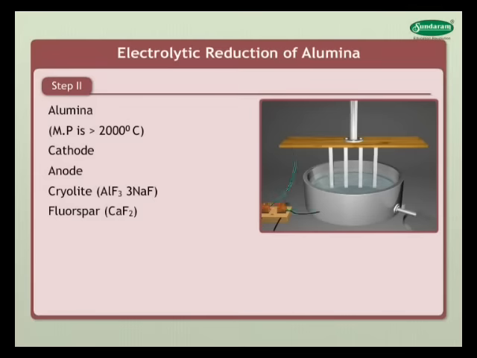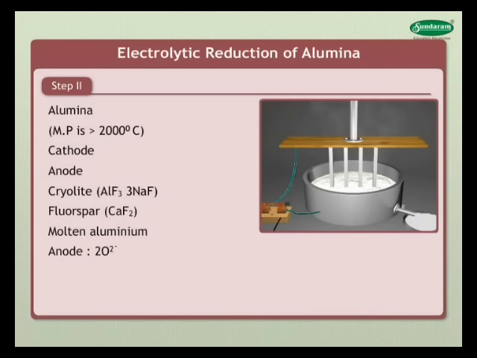On passing the current, aluminium is formed at the cathode. The molten aluminium, being heavier than the electrolyte used, sinks to the bottom of the tank, from where it is removed periodically. On the other hand, oxygen is liberated at the anode. The electrode reactions are shown below.